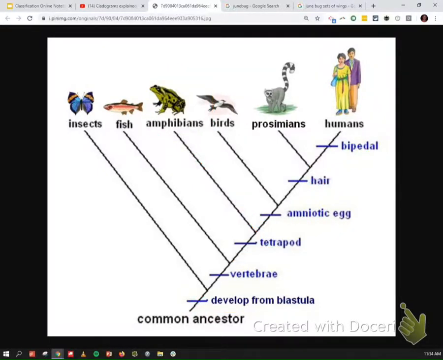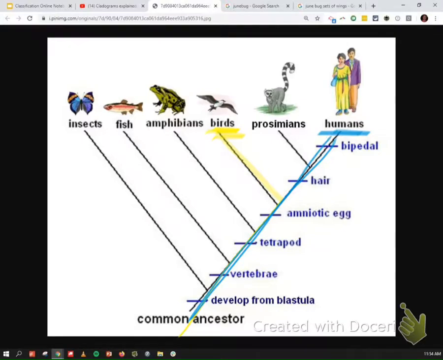So let's say humans, let's look at humans. And what do you want to look at? Birds? Let's look at birds. Birds right here. So if we were to go back, let's draw this. We got birds, and we've got humans.